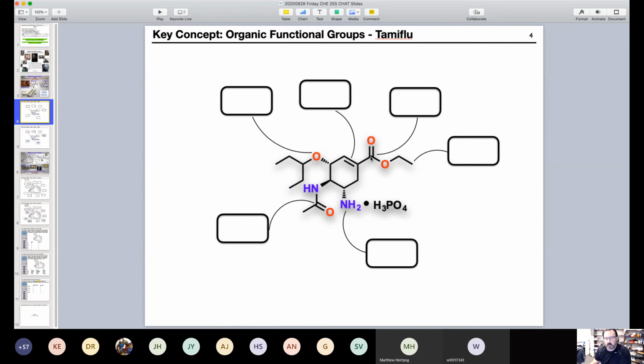So this box is pointing to a carbon that has a double bond to oxygen, a sigma bond to oxygen, and then this oxygen's bond to carbon. So we're concerned with these 4 atoms here and how they're connected. What is this functional group called? So yeah, it's called an ester, E-S-T-E-R, ester.